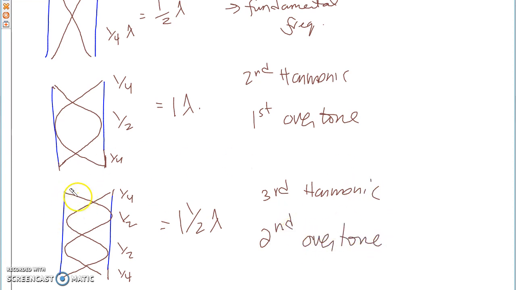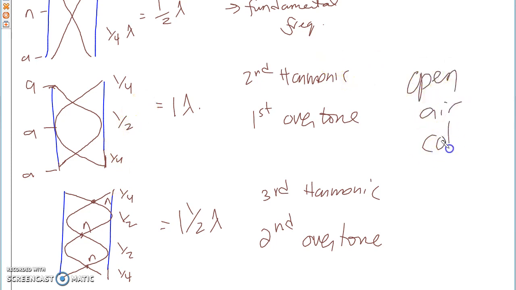Now remember that you have nodes and antinodes. That's an antinode, there is a node. This was for open air columns. Are we good with this?